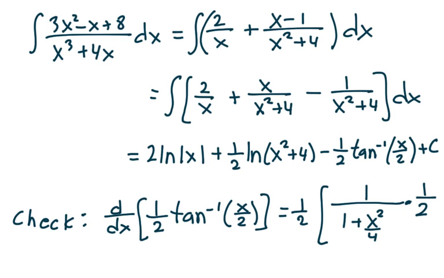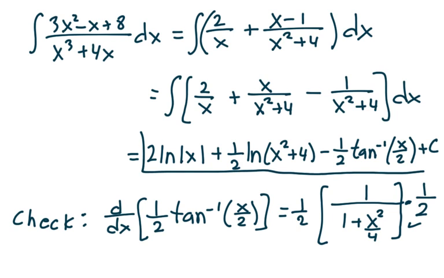Now, 1/2 times a half is a fourth, and if I distribute the 4 in, I get 4 plus x squared, and that's what I want in the bottom. So it does indeed check out, and so this would be the final answer for example 6.